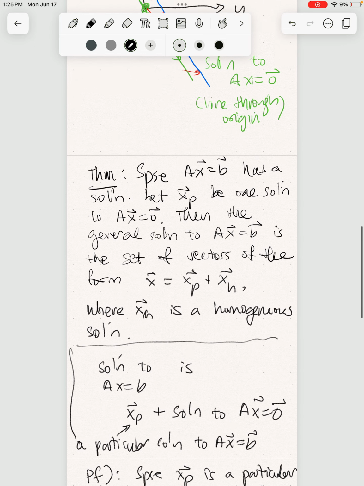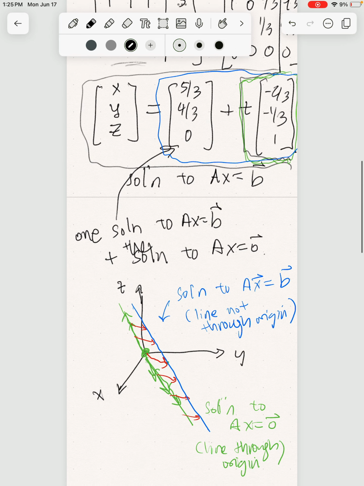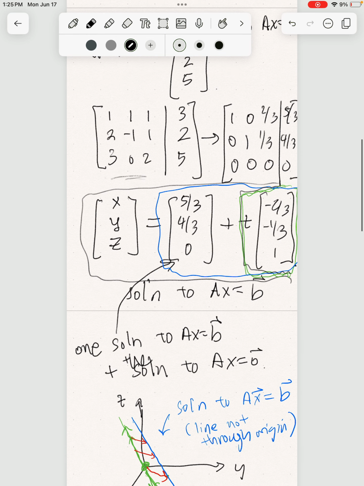And one thing to think about is, if you look at this example, our xp was (5/3, 4/3, 0). That's your xp. And any t times that vector is your xh. Now suppose that you had a different xp, a different solution to Ax equals b.